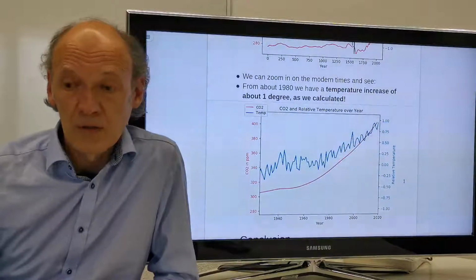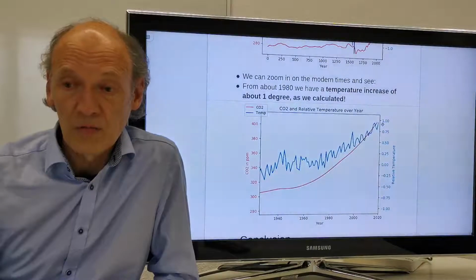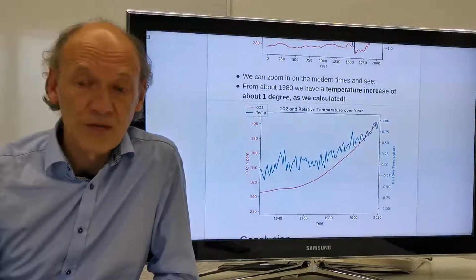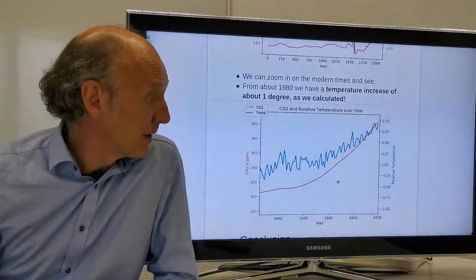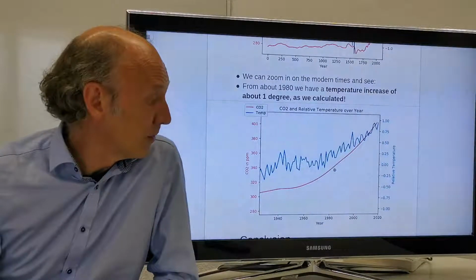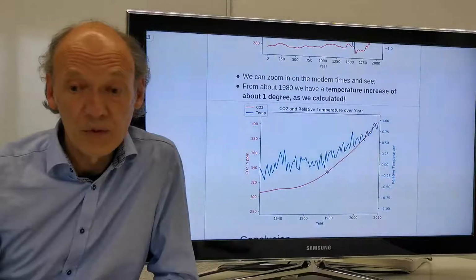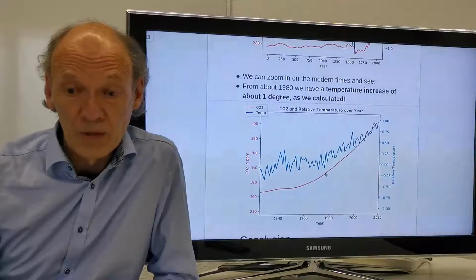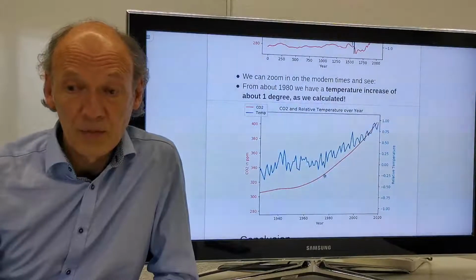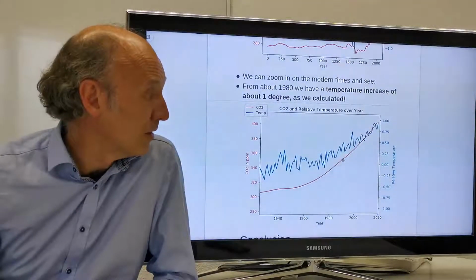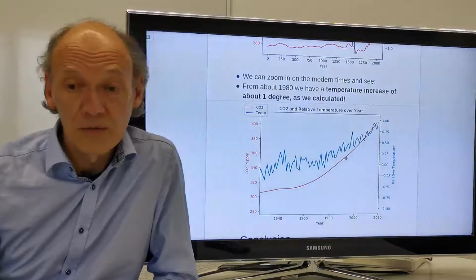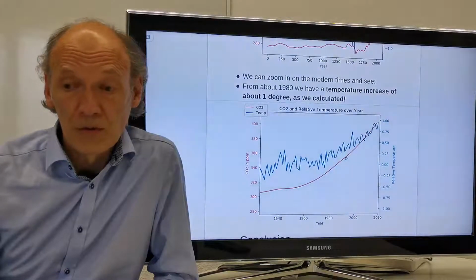And keep in mind, we calculated the radiative forcing for today's CO2 level. So we would actually expect less because in 1980 the CO2 level was much lower at about 320 parts per million. So if we want to really make it more accurate, we should have taken this medium value here of the CO2 concentration.